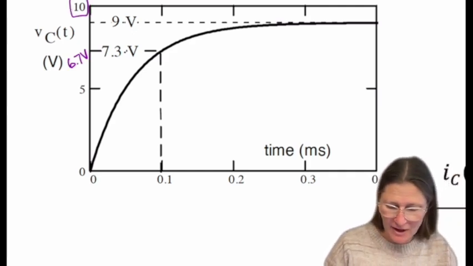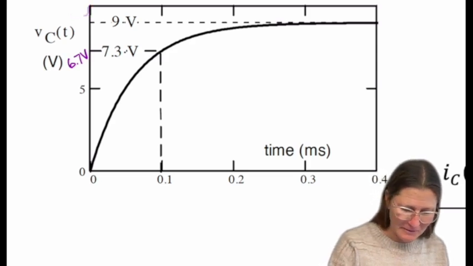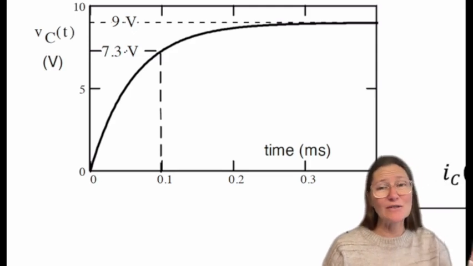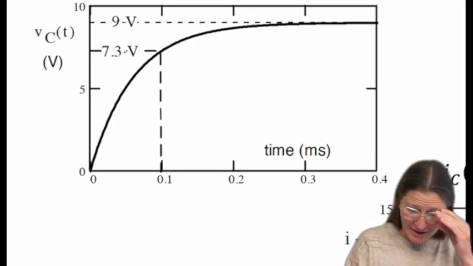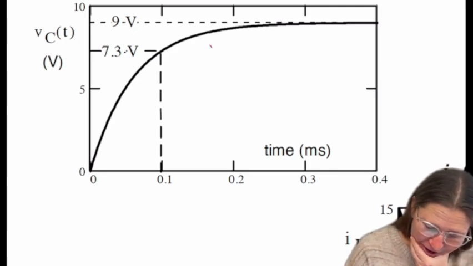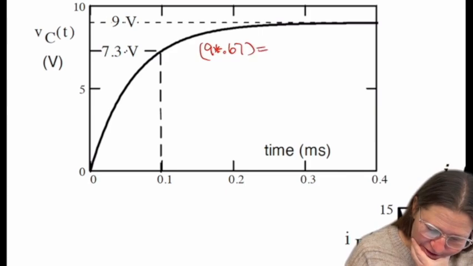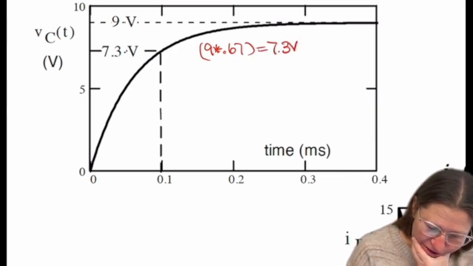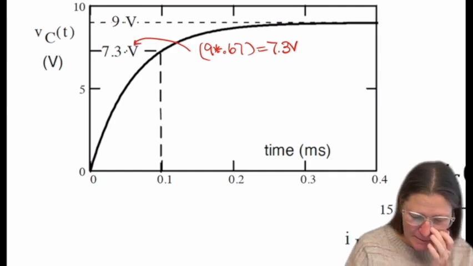Oh, that's because it's 9. That's why. Okay. So 67% of 9 is 7.3 volts. So 9 times 0.67 will be 7.3 volts. So that's where the 7.3 volts comes from.